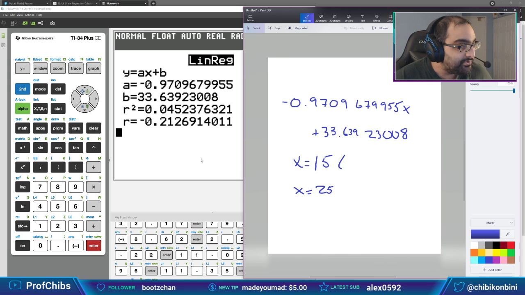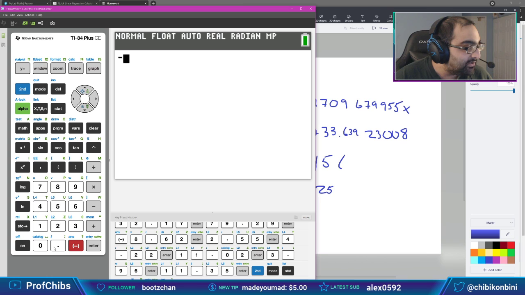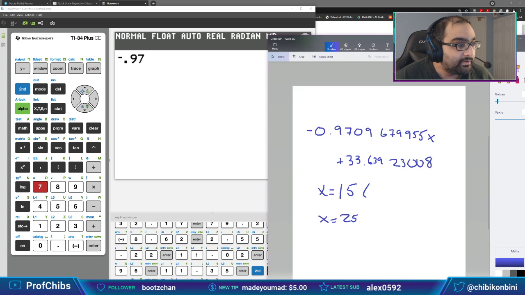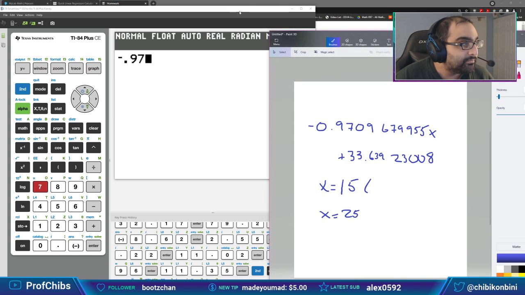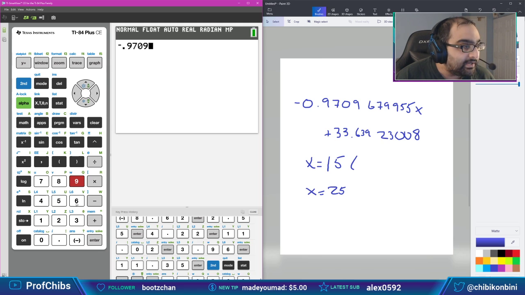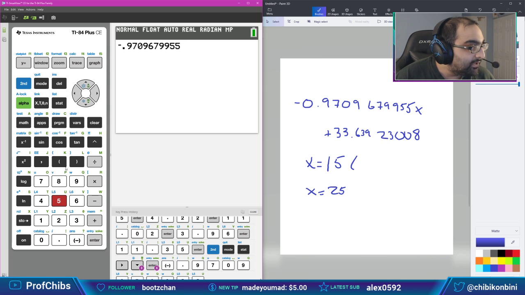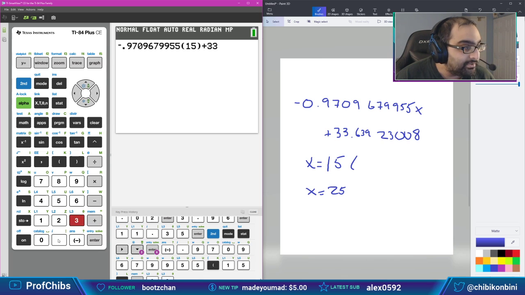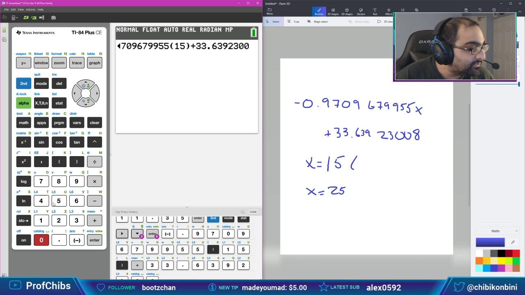Okay, so let's see what happens when we plug in 15. I'm going to do it exactly as I see here. Negative 0.97096799955, and I'm going to multiply that by 15, plus 33.6392308.